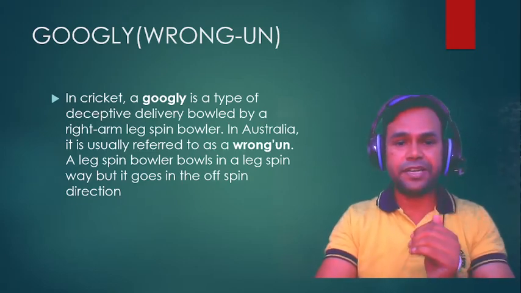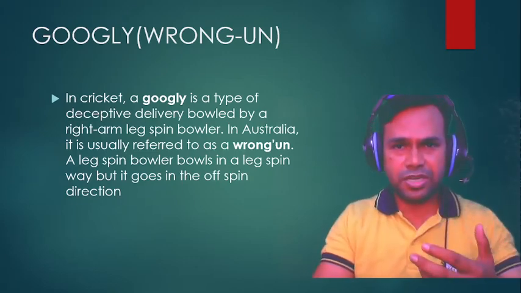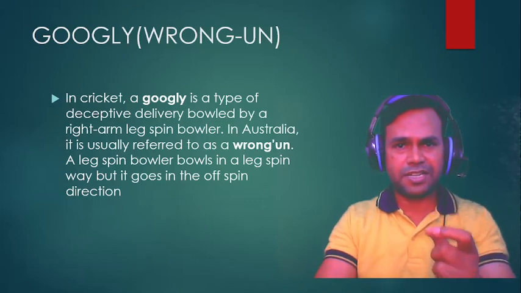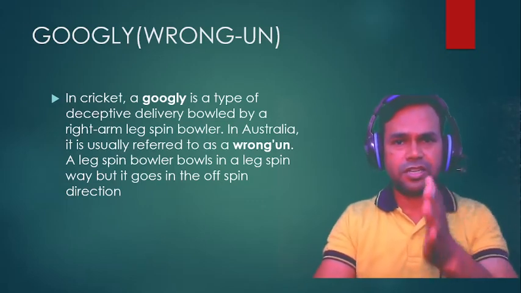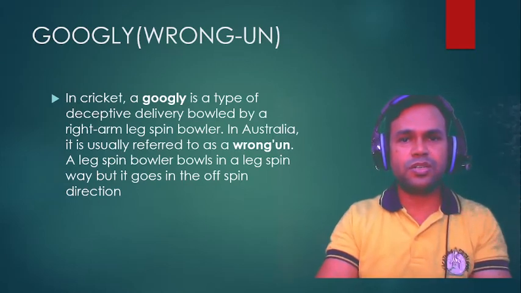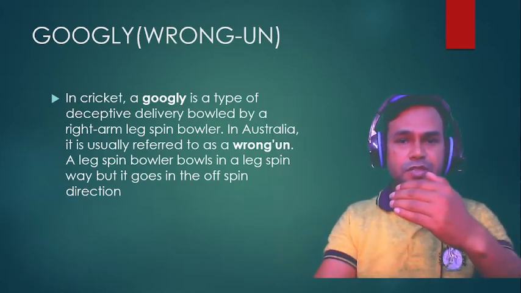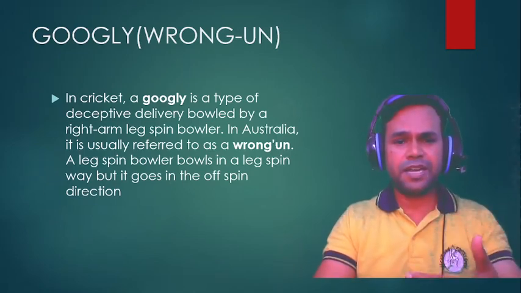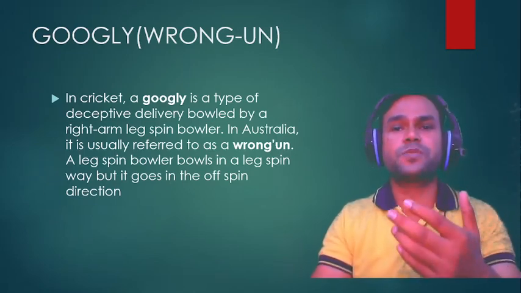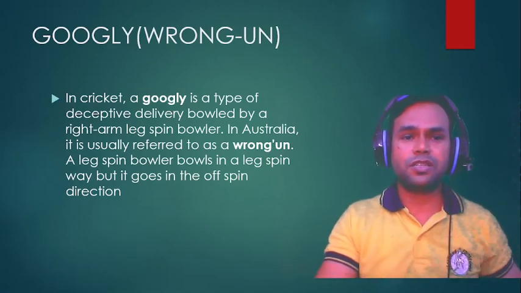Again, I'm repeating: the batsman thinks the ball will come as a normal leg spin, but it cannot be judged at the last moment. When the ball touches the ground, it moves in the opposite direction, toward the off spin. The ball goes in a leg spin manner, but it goes in the off spin direction. This is the googly.